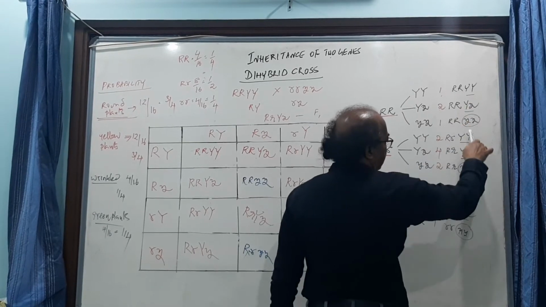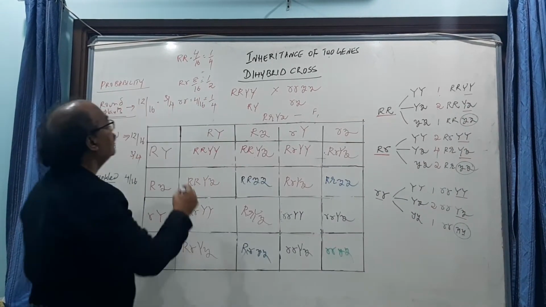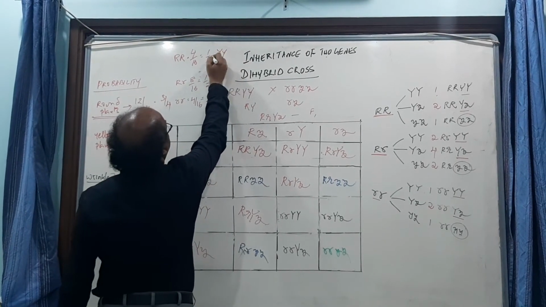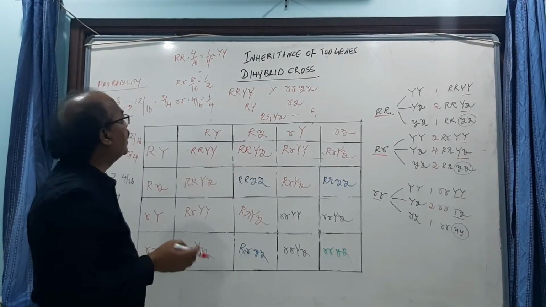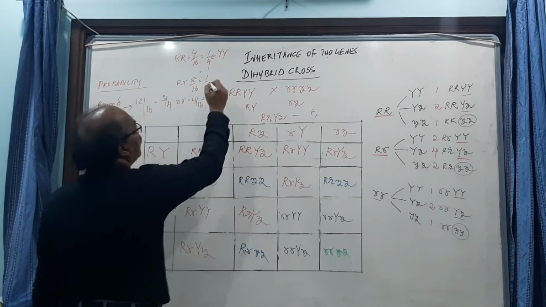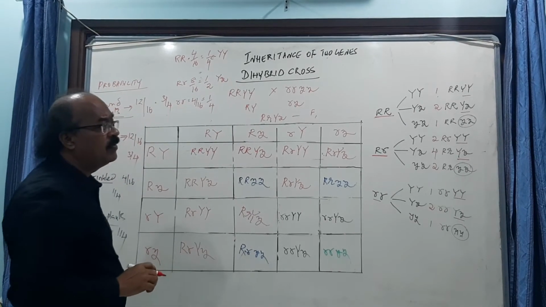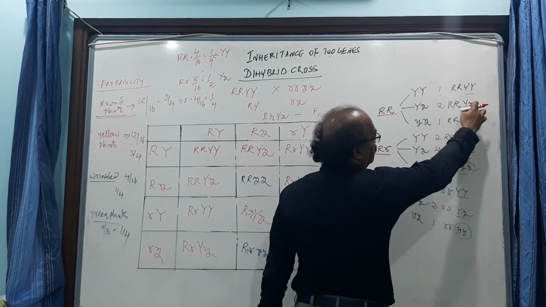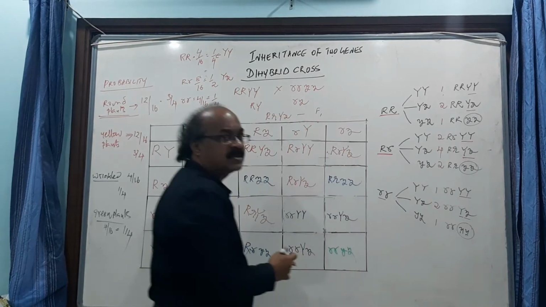Capital Y, capital Y, capital Y, capital Y, capital Y, capital Y. 1 plus 2 plus 1, that is also 1 by 4. What is the probability of getting a heterozygous yellow? Capital Y, small y. Definitely there will be 8 plants. 2, 4, 2. 8 plants.